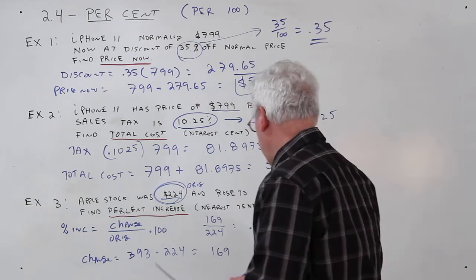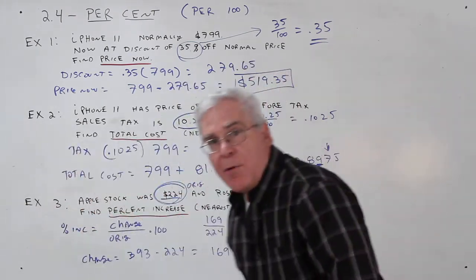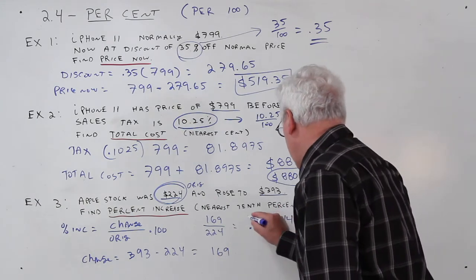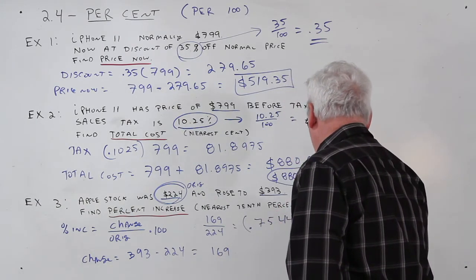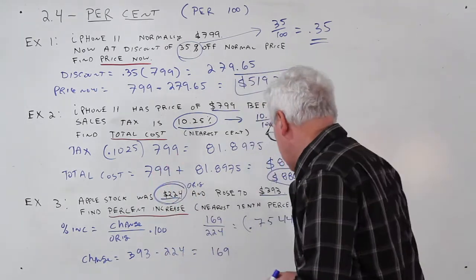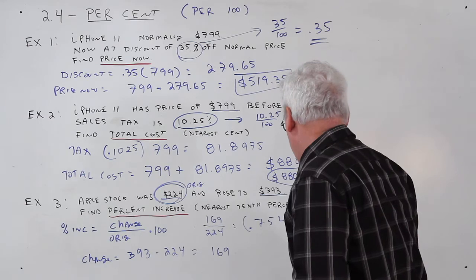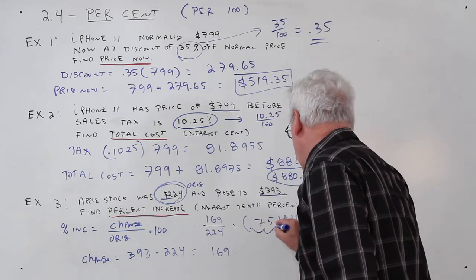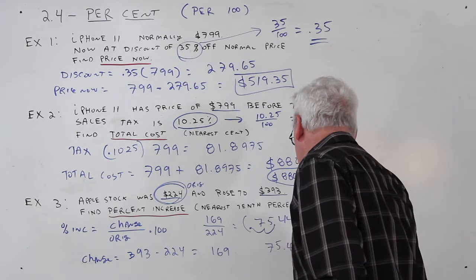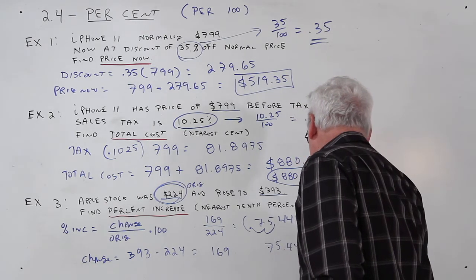0.75446, etc. So now I want to convert that to a percent, so I'm going to multiply by 100. When I do that, I just simply move the decimal 2 places. So I'll just do that without a calculator. The decimal goes there, there. So now I've got 75.446... percent.